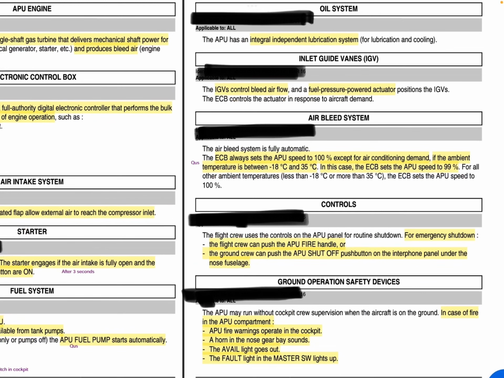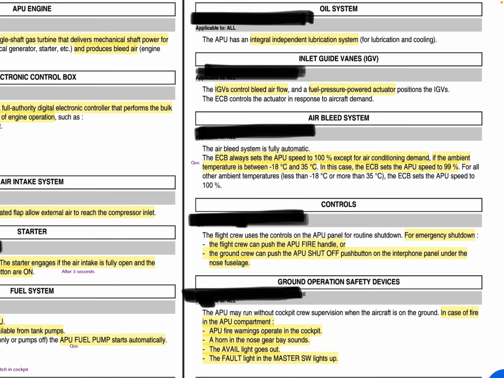Now we have gone through all three panels, all three controls of APU, right? What are ground operation safety devices? In case of fire, what safety devices do we have in our aircraft? This is what it means.